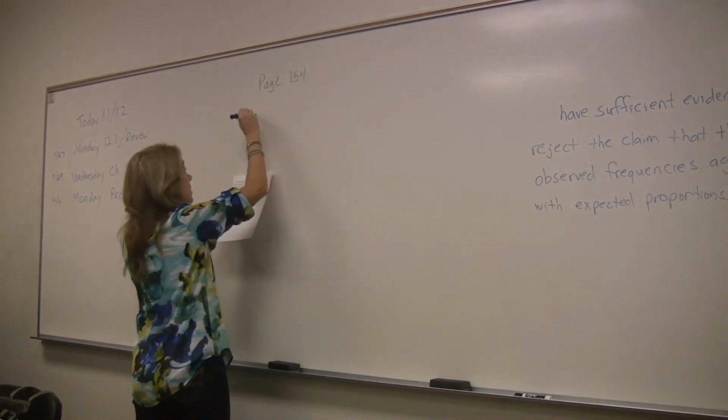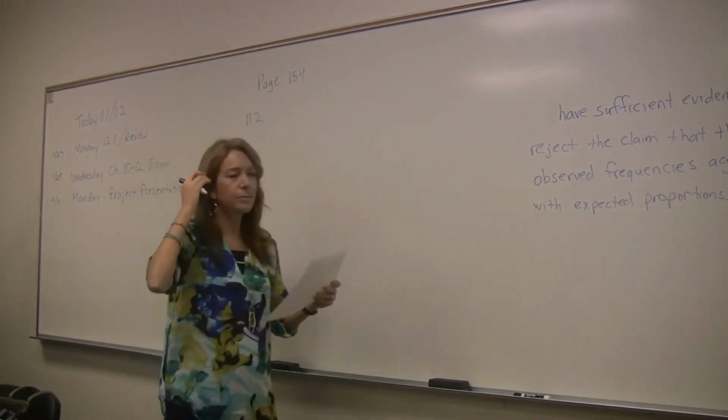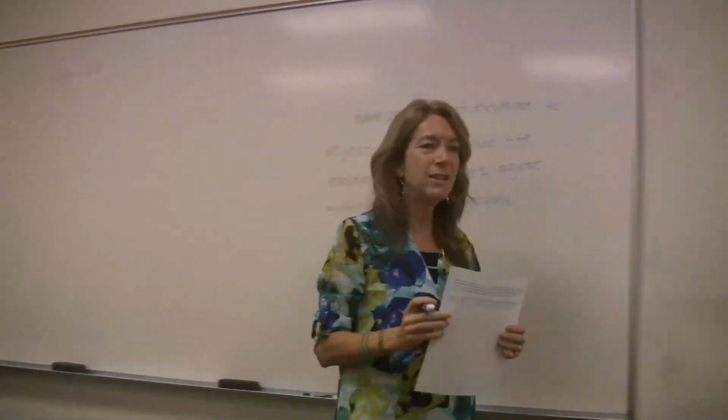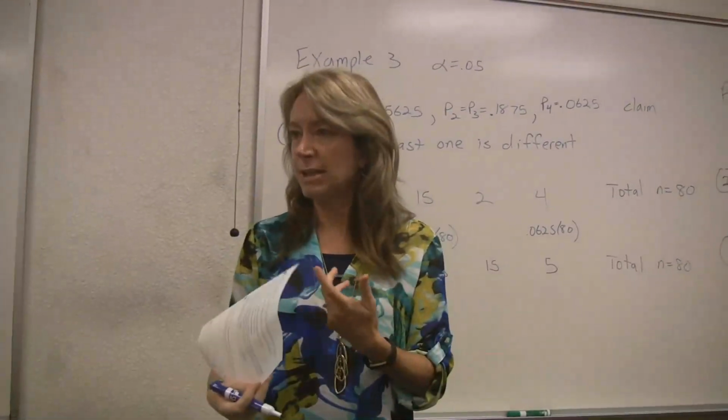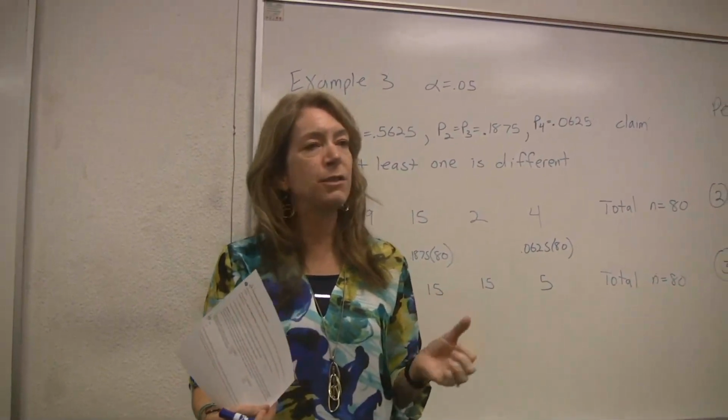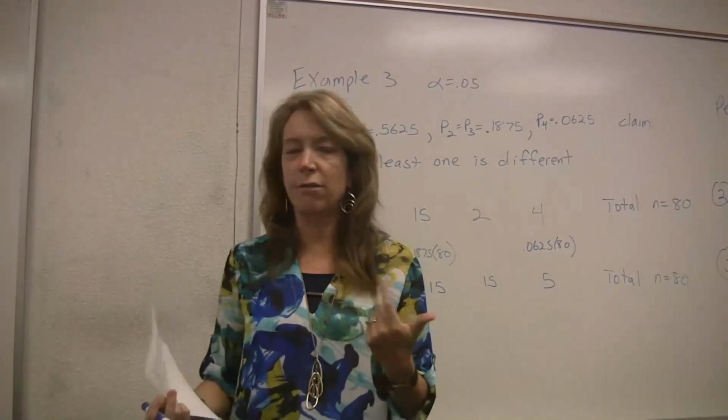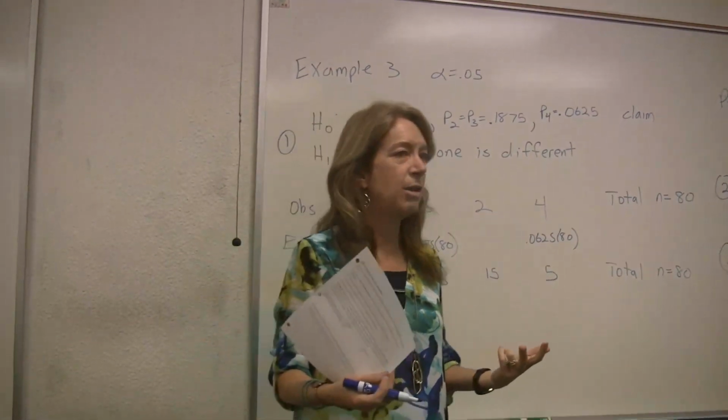154, section 11.2. It's all about what's called contingency tables, which I like to call two-way tables. Both are listed here. This is for when you have two categorical variables and you're looking for a relationship.